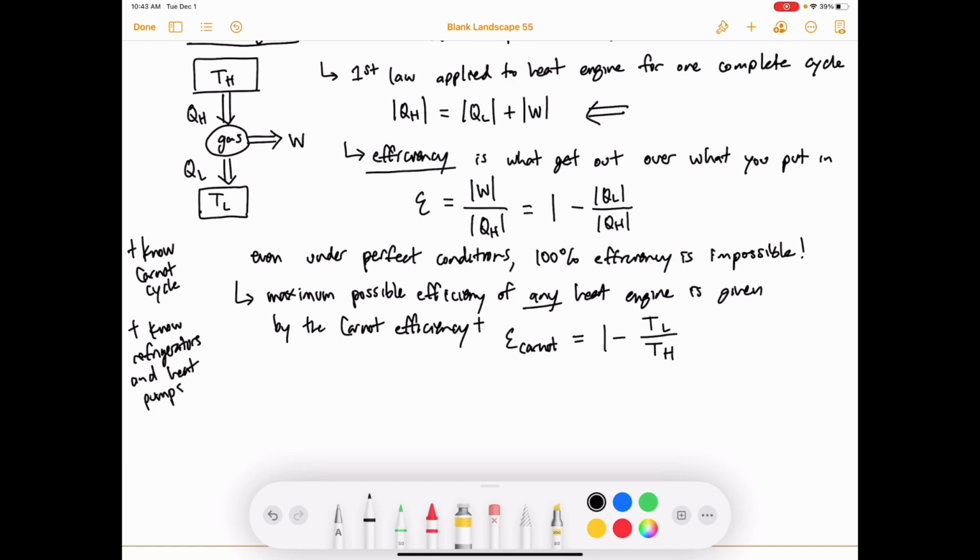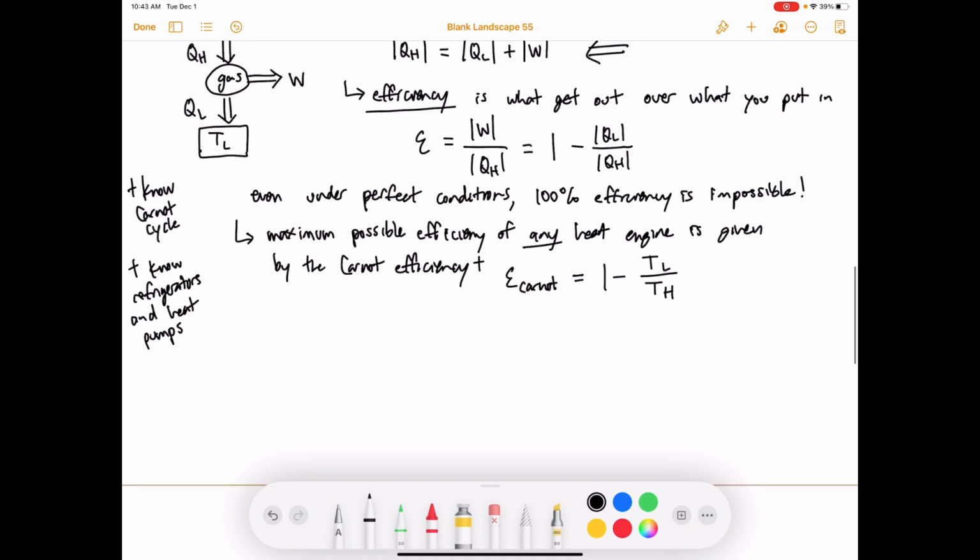So you can take this same sort of analysis that we've applied to a heat engine and talk about refrigerators and heat pumps. I'm not going to go into that here, but just take note that that's something you need to know about. And that finally takes us to entropy. Now, entropy basically is a way of quantifying the amount of disorder in a system.